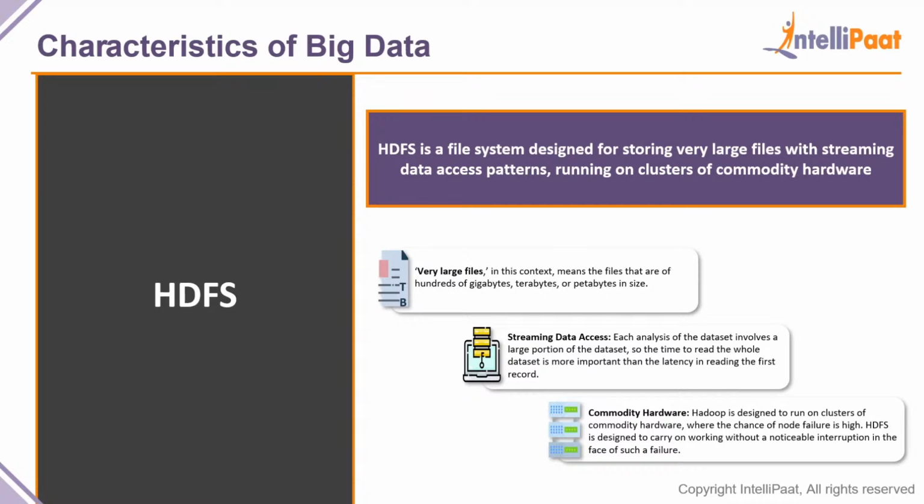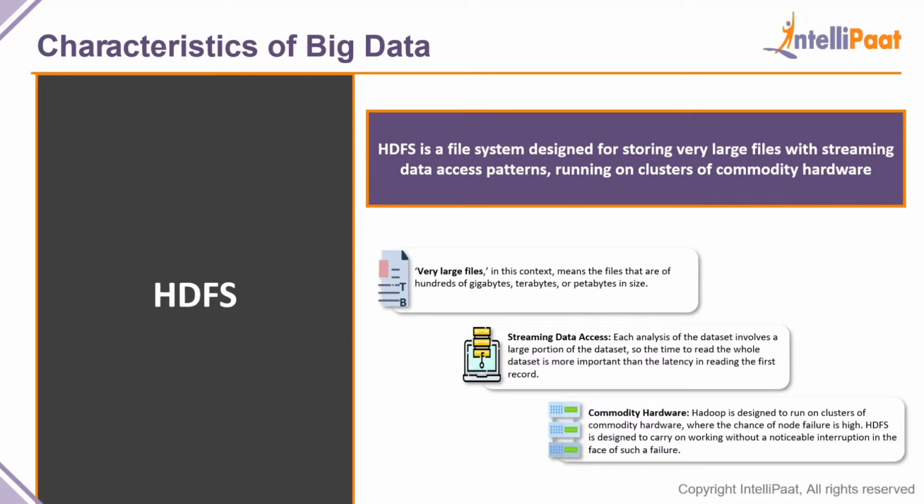Then we have commodity hardware. Commodity hardware was a concept that came up back when Hadoop was created, when hardware was really expensive, when RAM was really expensive. Instead of buying entire servers with high RAM and high hard drive space, you can install Hadoop on commodity hardware, which means the computers in your own office spaces, the everyday workstations.